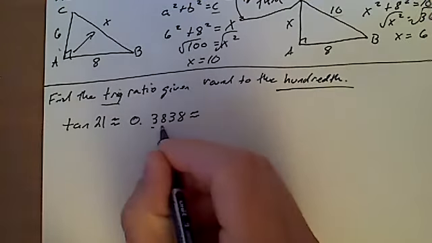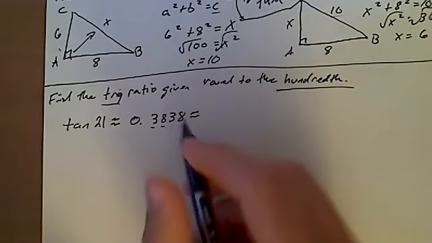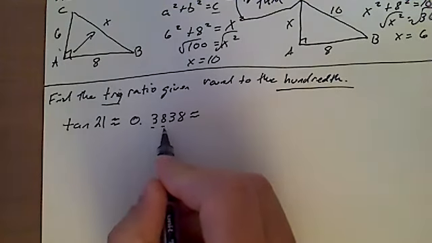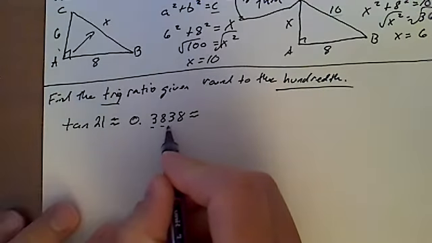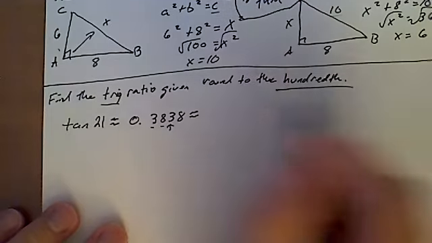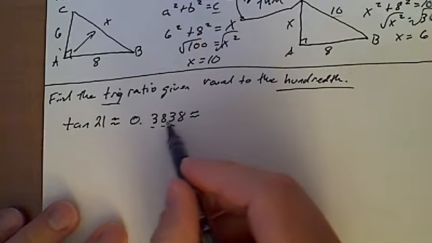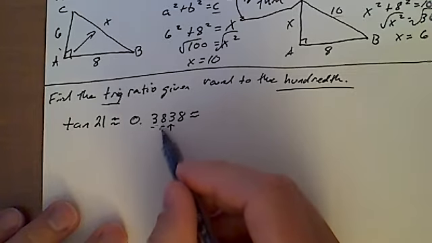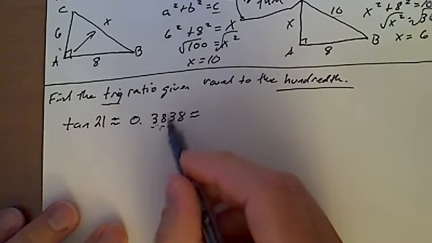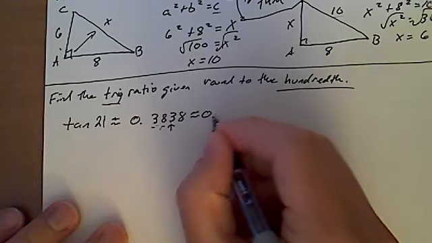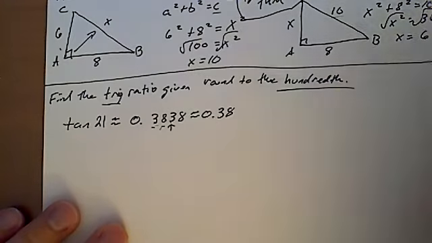The 100th is the second spot after the decimal, right? And then to decide if we keep it or round up, we look at the next digit. If the next digit is 4 or lower, we leave it. If it's 5 or higher, we round the second number up. So it's a 3, so we leave it at 0.38.